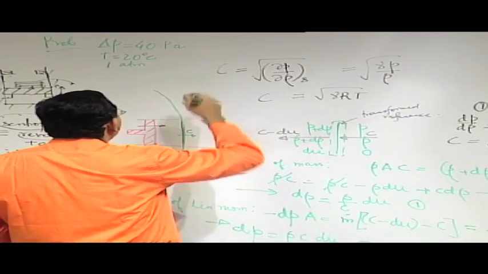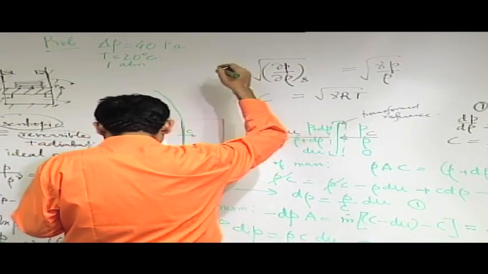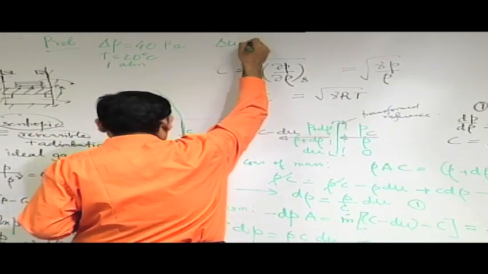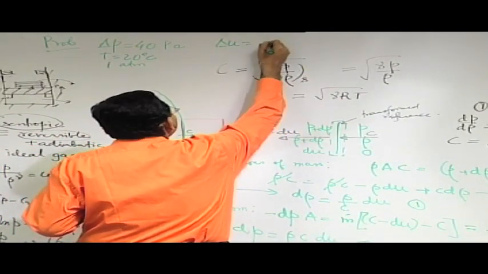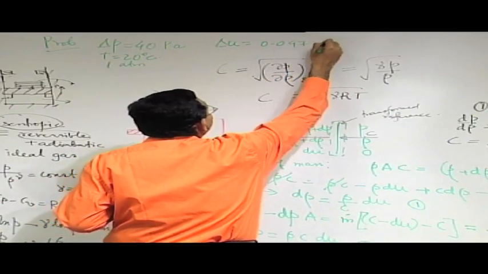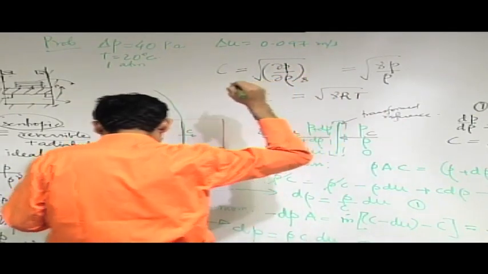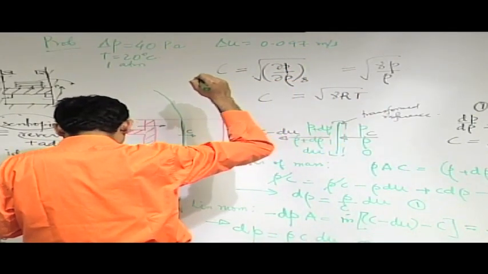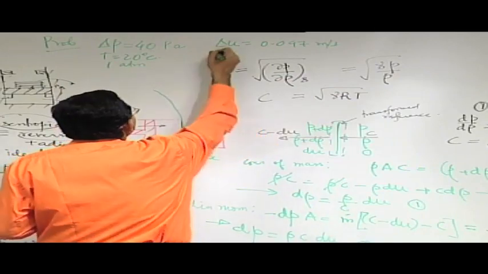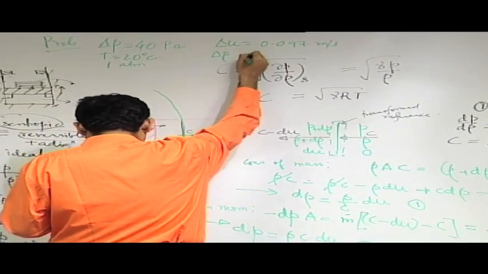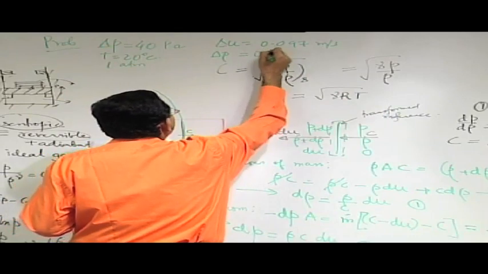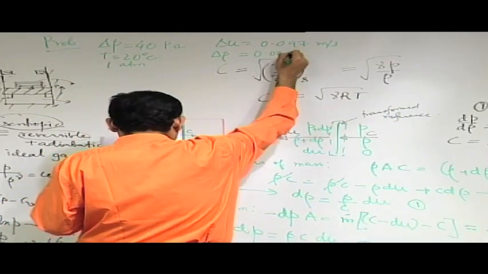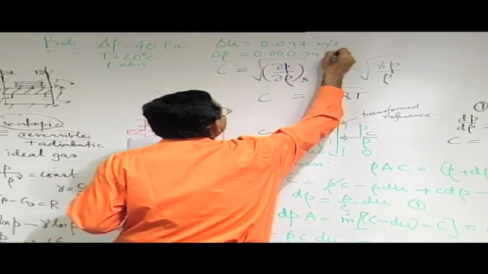So, the answers are delta U equal to 0.097 meter per second and delta rho is equal to 0.00034 kg per meter cube.